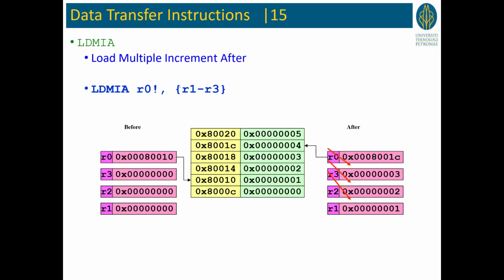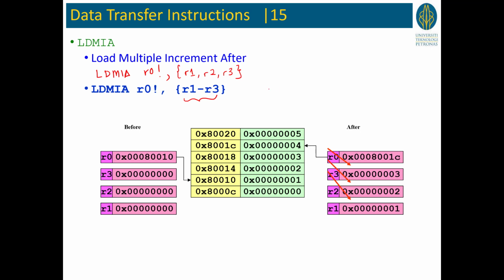Okay, if the registers in your list are consecutive numbers, for example, R1, R2, R3, instead of writing it as load multiple increment after R0 with the exclamation mark, R1, R2, R3, you can also write it in short form like this, provided that they are in consecutive order.